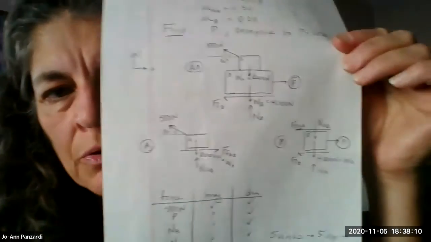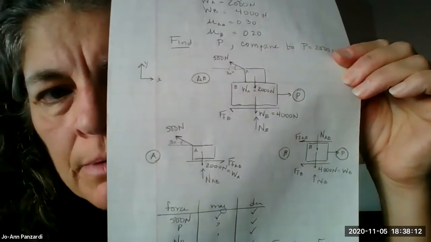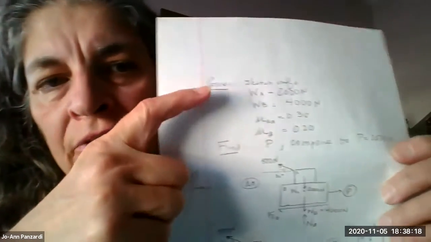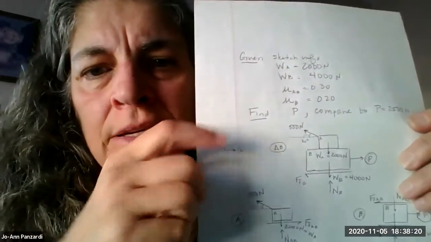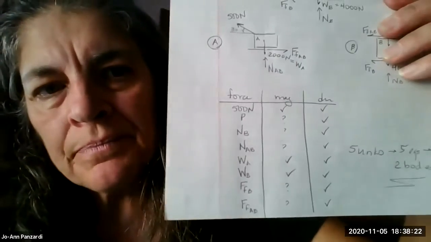Okay, so now let's start from the beginning. Everybody with me? I had you practice 3 free body diagrams, but that's not really the process to go ahead and draw all the free body diagrams. The process is to find the given, do the find, and then do the table. In the table, is everybody listening to me or still crunching numbers?